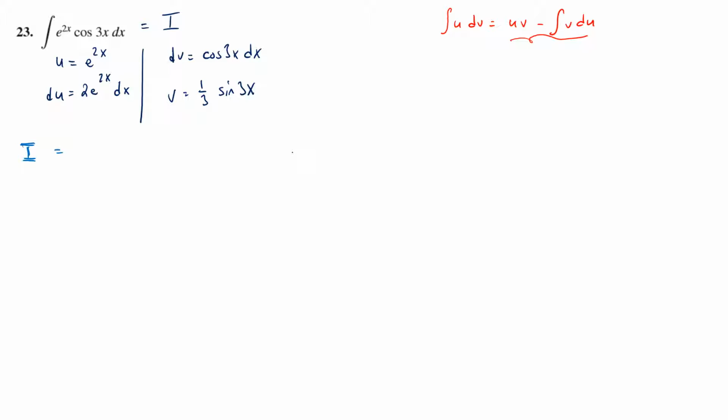U times v would be 1/3 e to the 2x sine of 3x minus the integral of v du. I'm going to go and pull out the 2/3, and I'll have e to the 2x sine of 3x dx. And so now we do another round of parts.